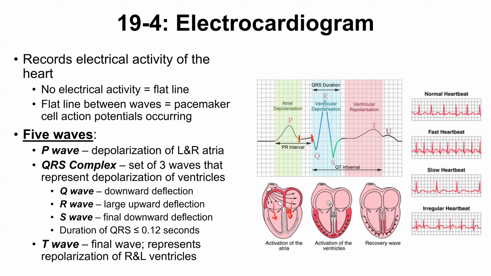All right, the QRS waves, this is the set of 3 waves that's representing the depolarization of the ventricles. So at this point, this is when the AV node has received the electrical signal from the SA node and sends that signal down the left and the right bundle branches and back upwards through the Purkinje fiber system.